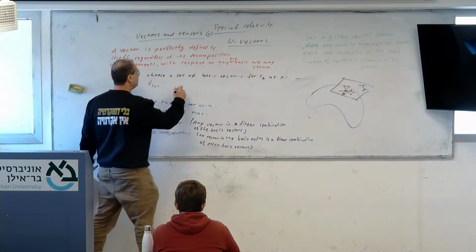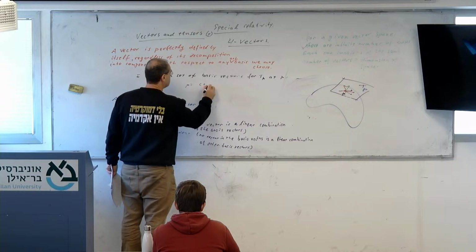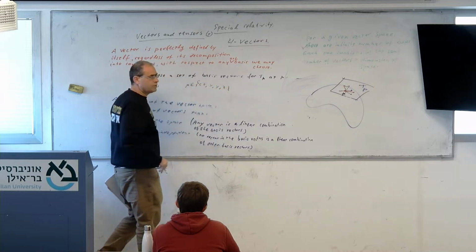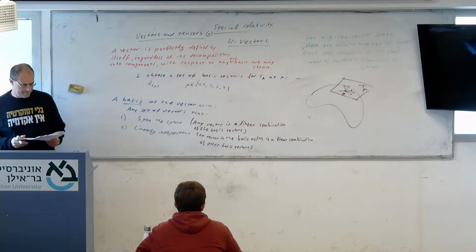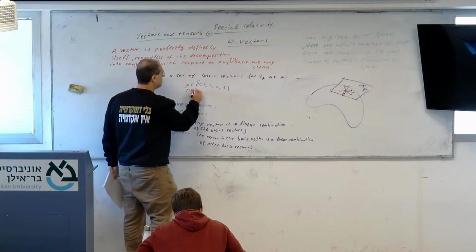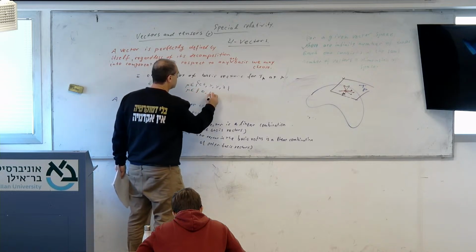And of course mu is ct, x, y, z, or mu is 0, 1, 2, 3.